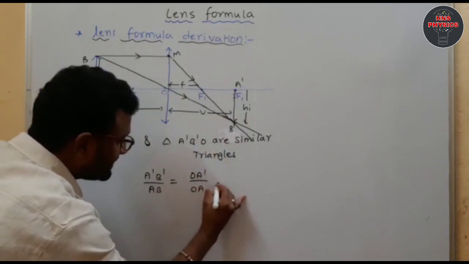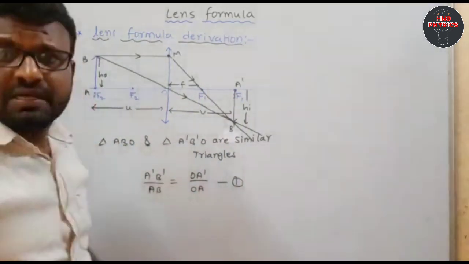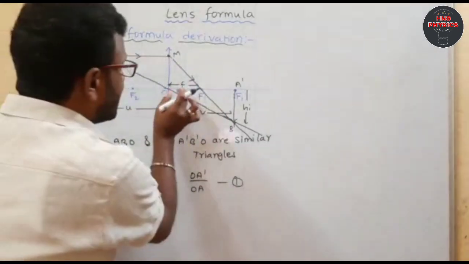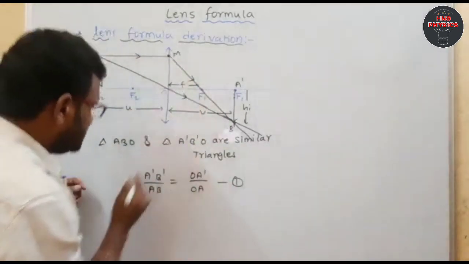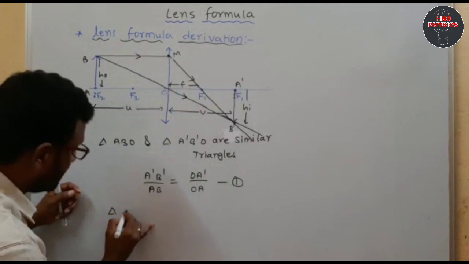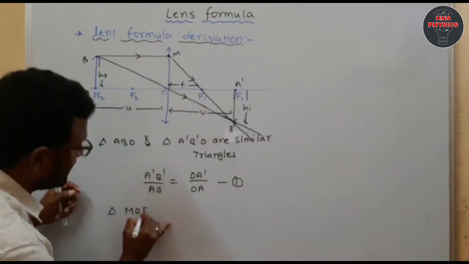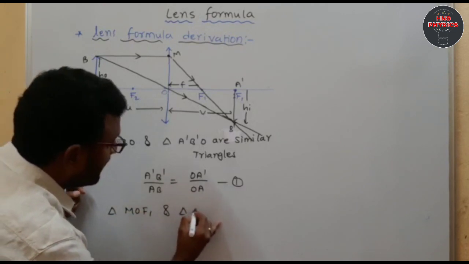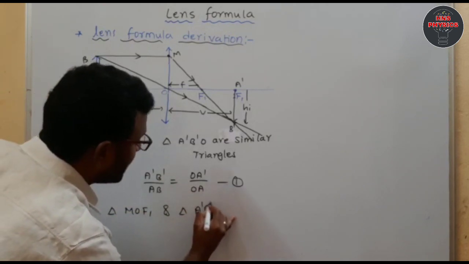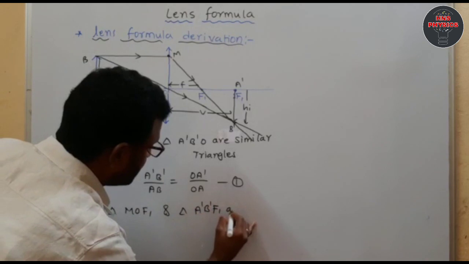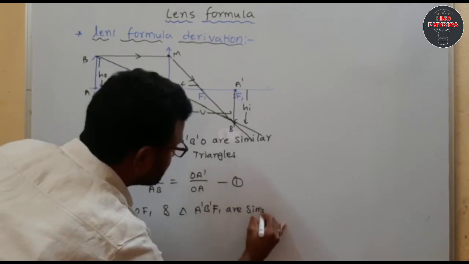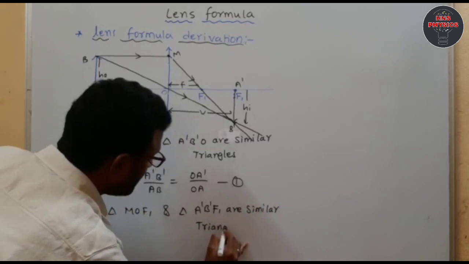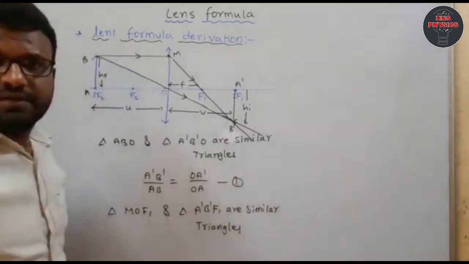Consider this as equation 1. Again I am taking one more set of similar triangles. From the diagram, triangle MOF1 and triangle A dash B dash F1 are similar triangles. Then we can write here.